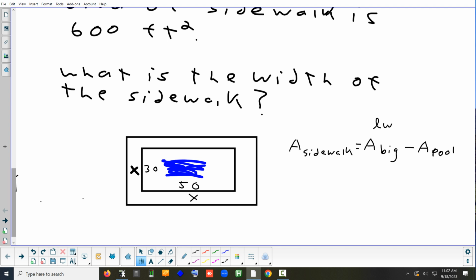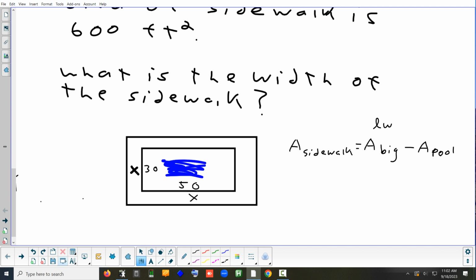30 feet. Okay, so we got to find the length first. Do you think the length of the big rectangle is more than 50 or less than 50? More. Yeah, it's more.